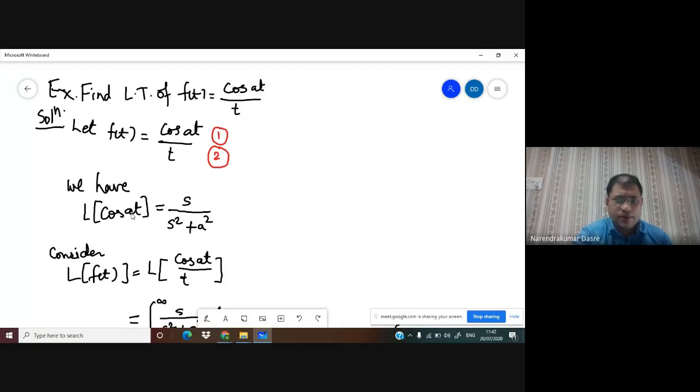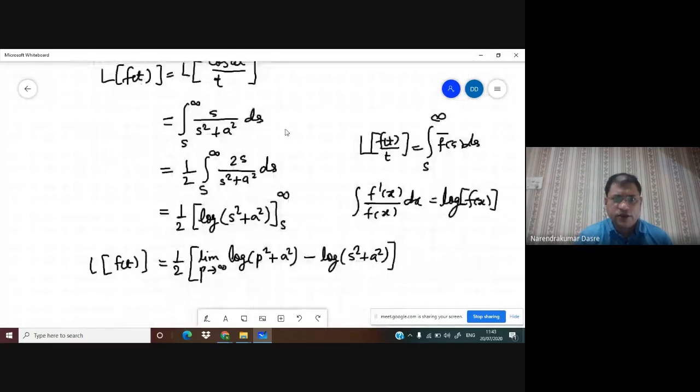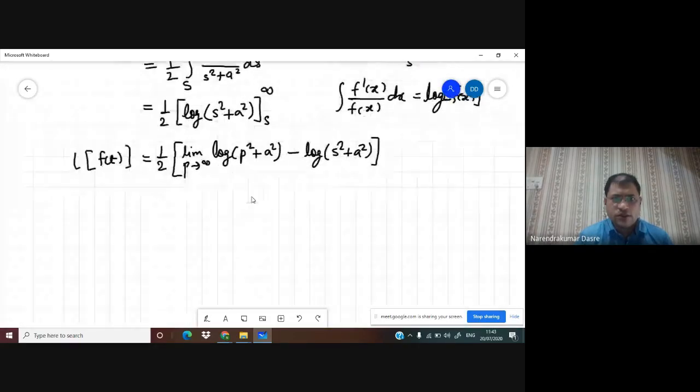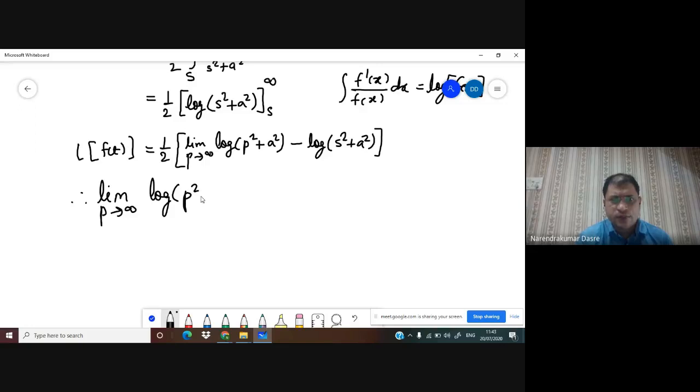This limit that we have calculated, this limit does not exist, and hence we can write this as: the limit p tends to infinity of log of p square plus a square does not exist.